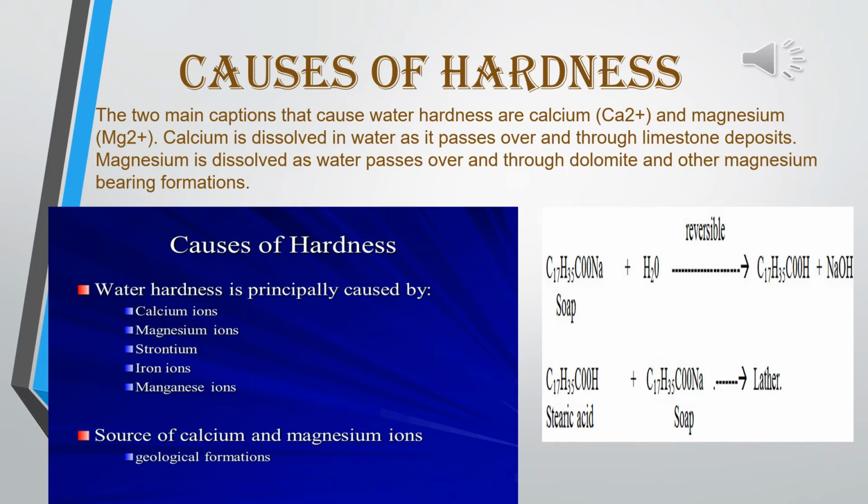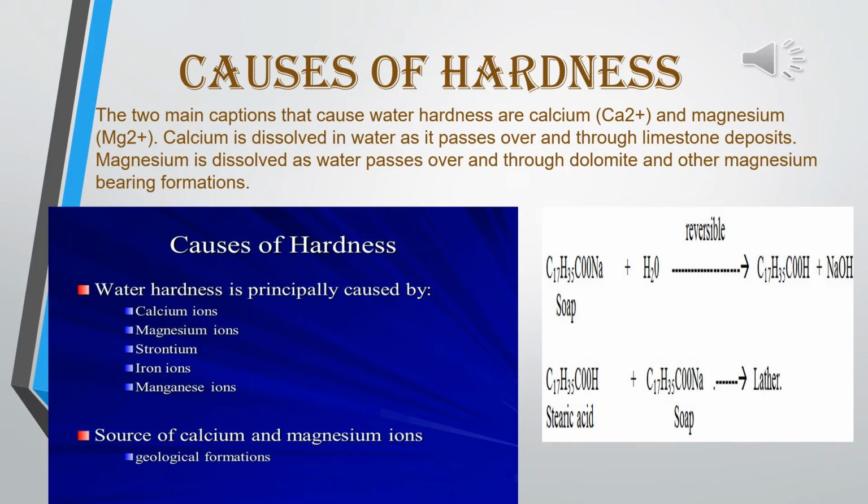Okay, so it has been shown over here a reversible reaction where C17H35COONa, that's a soap formula, plus H2O is forming C17H35COOH plus NaOH.